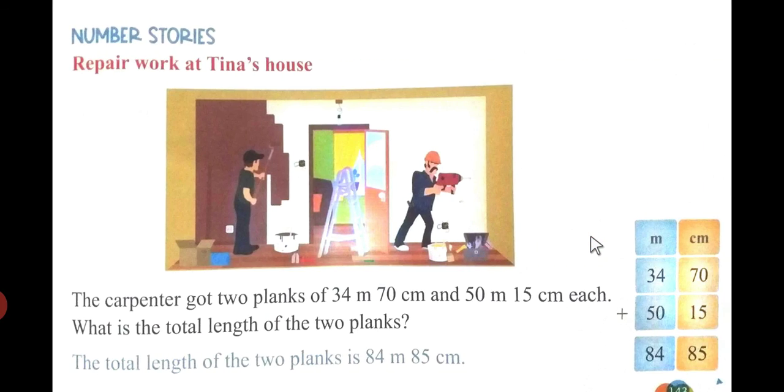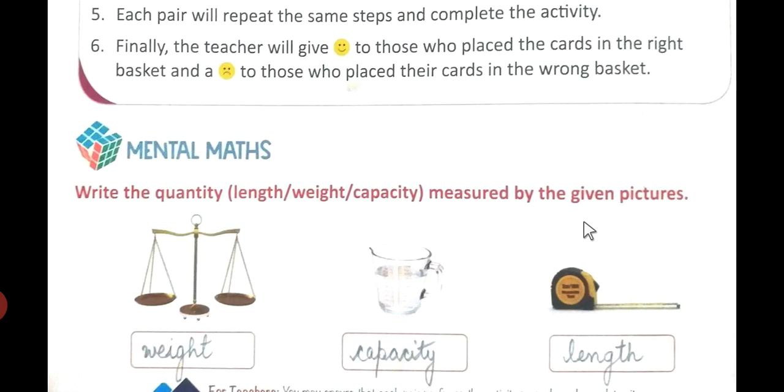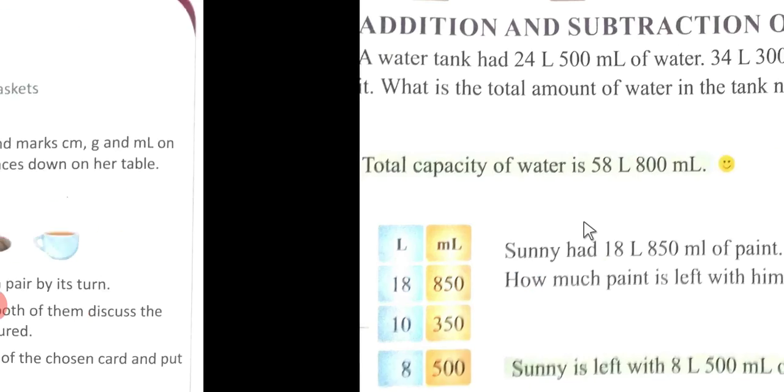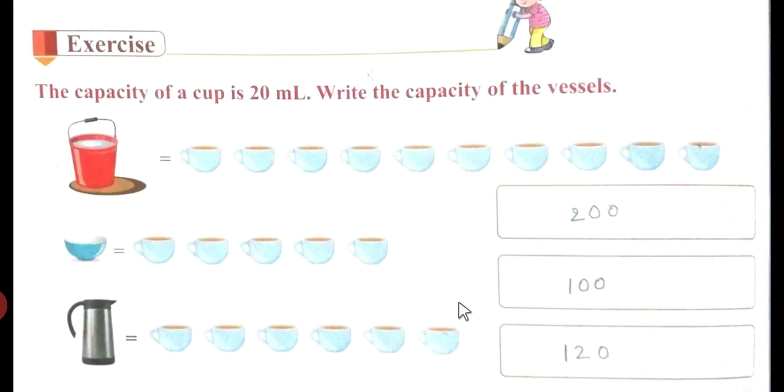You can see the pictures and do the addition and subtraction exercises. Please do all the exercises in the book. Do not leave any of the exercises, as I have not left any pending. I have done all the things in your books.